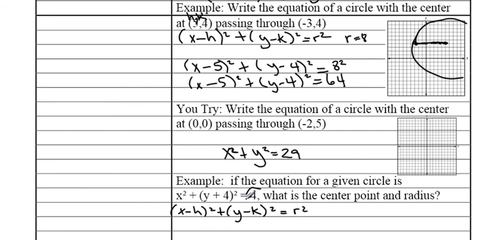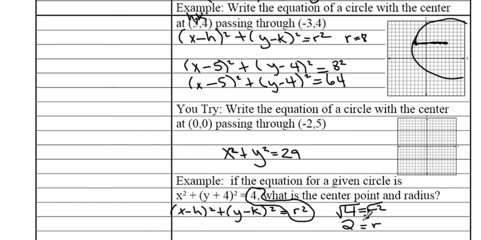Well, 4 equals my radius squared. So essentially I'm setting up an equation in order to solve for just the radius. So I would take the square root of both sides to figure out what the radius is. And the radius would be the square root of 4, which is 2.